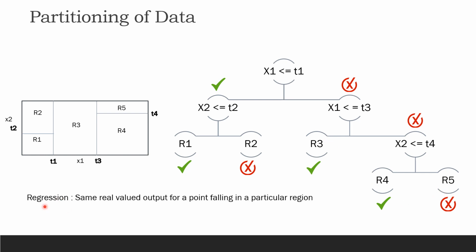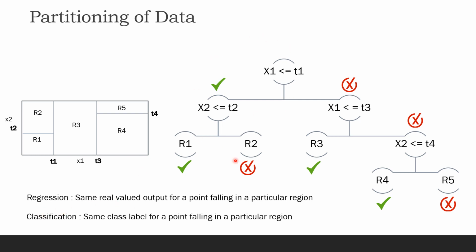And in case of regression, if we have numeric values, then we get the same real valued output. So if the value is, say, 5, for example, every point falling in this region will be given a value of 5. This will get clearer in the upcoming example. And the same goes for classification.